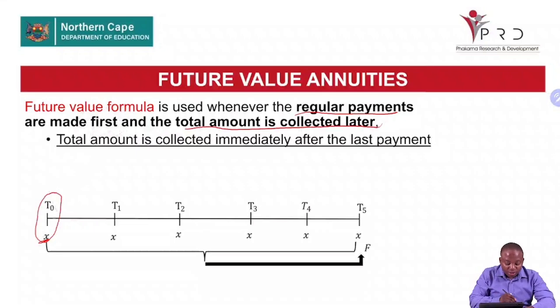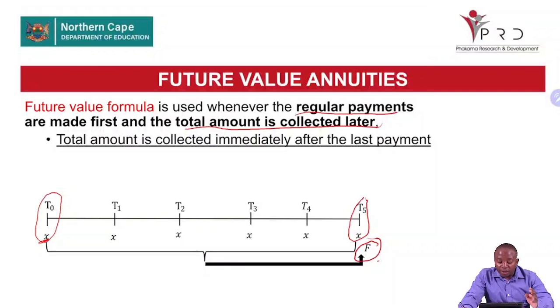Then we go T1, T2, T3, T4, and T5. T5 is at the end. We put in the last amount before we can collect our amount. So with future value annuities, we make the payment immediately and collect after the last payment. We are collecting those payments into the future.